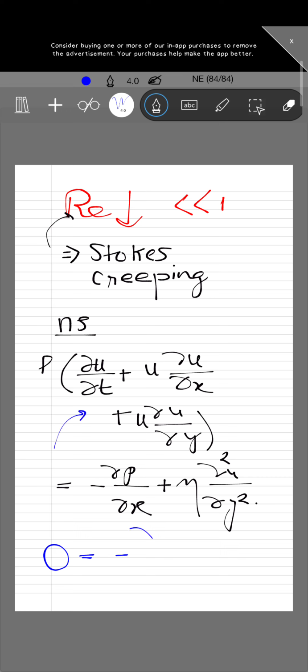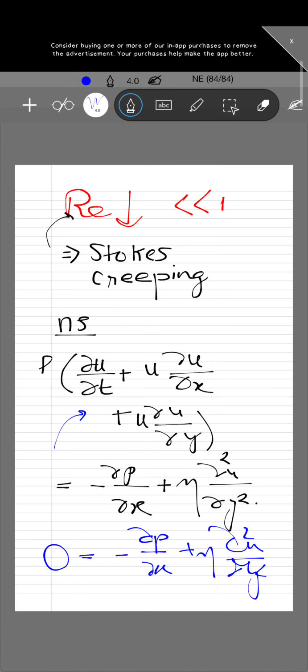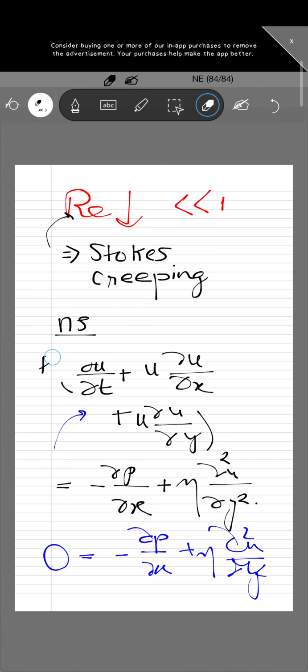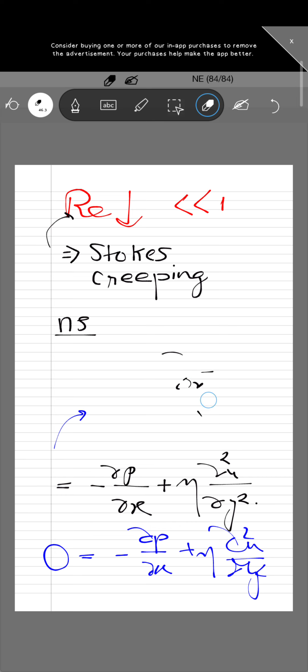So we have del P by del x plus, and this part becomes 0 for the case of an LMCD, and we are only left with this one.